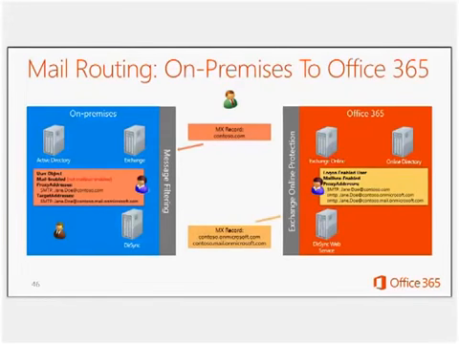On-premises to Office 365 mail routing. So the MX record still has not changed. Someone from outside your organization is emailing. It goes into that user object, mail enabled, not mailbox enabled, the proxy address with a target address. So it then says, whoa, what am I looking for? I'm looking for that target address after the proxy, and it pushes it through the MX record of .onmicrosoft.com and into Office 365.